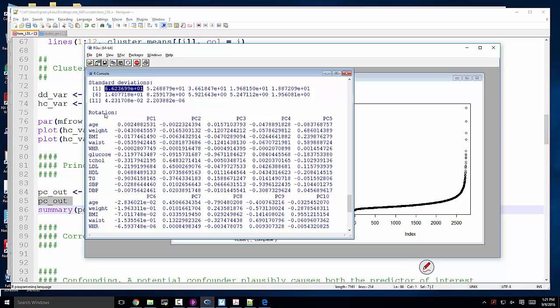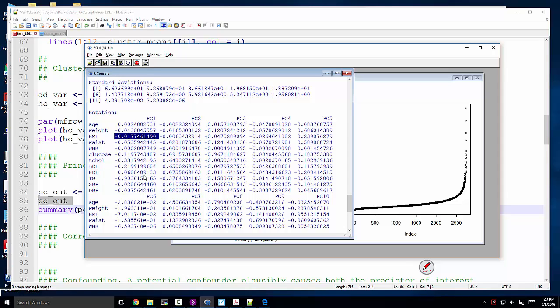In the rotation element, we have the coefficients that were used to create the new variables. So for example, PC1, column 1 of the rotation element, has these numbers. Age times 0.0025 minus 0.043 times weight minus that times BMI and so on equals principal component 1. I'll come back to that in a second and we'll interpret that.